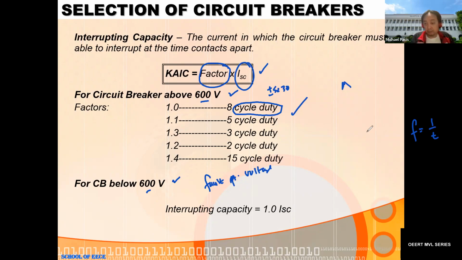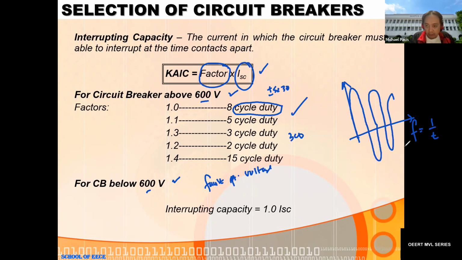Inversely proportional ang frequency sa time. Ang ibig sabihin nito, pag cycle duty, kunyari, 3 cycle duty, ibig sabihin, after 3 cycles, 1, 2, 3, the fault is interrupted. So, ibig sabihin, the lower the cycle duty, the faster the time of operation. Okay, or faster time of interruption.